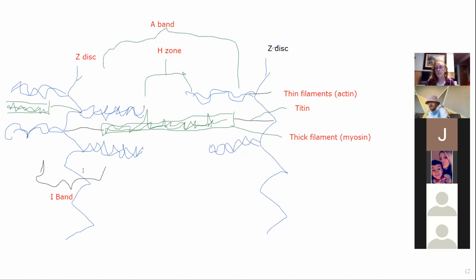One more demarcation: right down the center of the H zone is the M line. And if it helps you to remember M line, think of it as the middle line of the sarcomere.